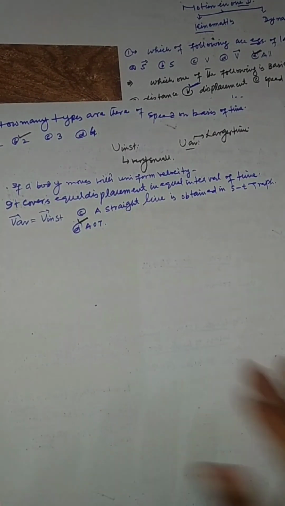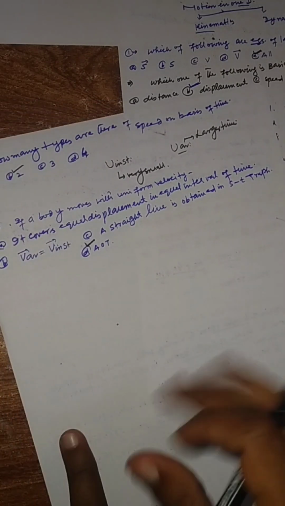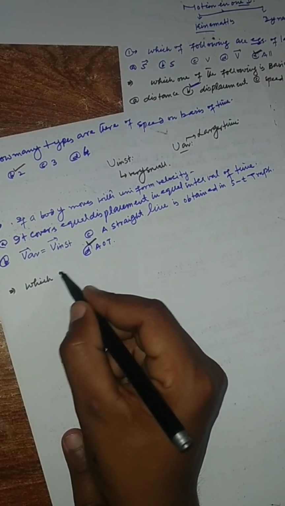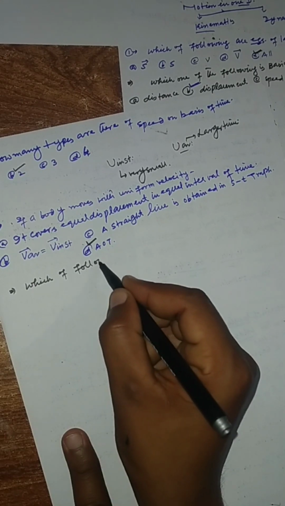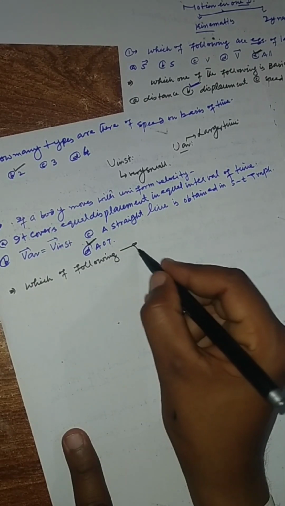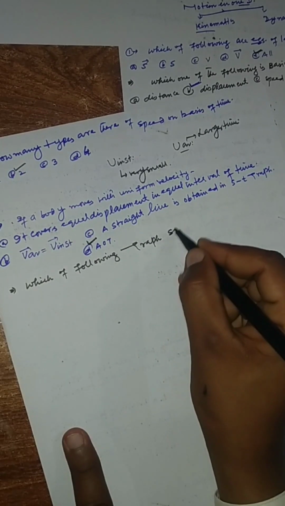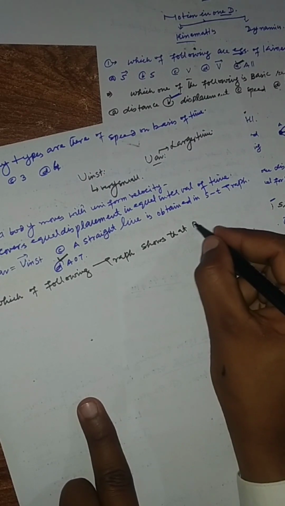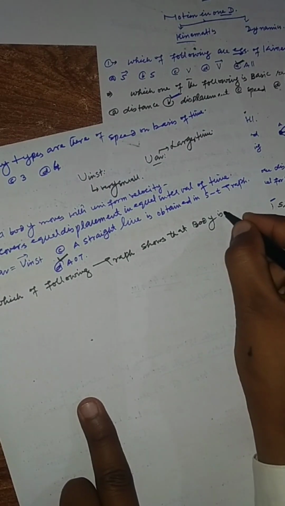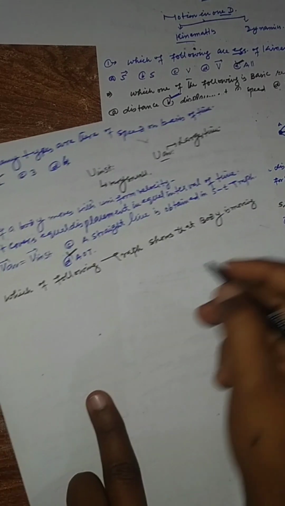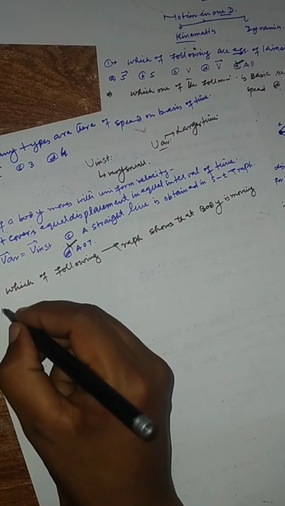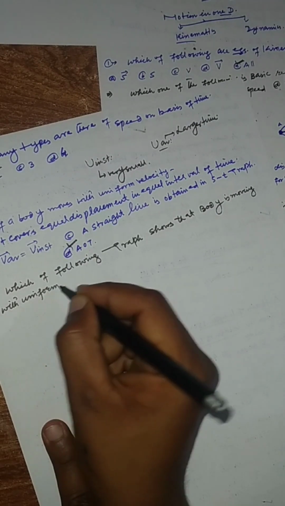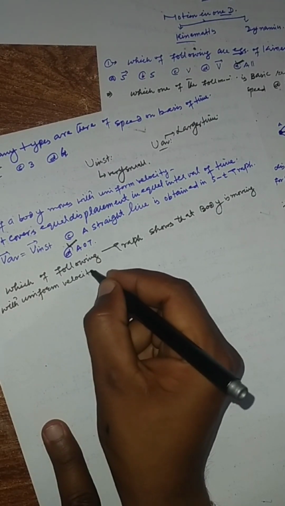Okay. After that, let's say which of the following graphs shows that the body is moving with uniform velocity.